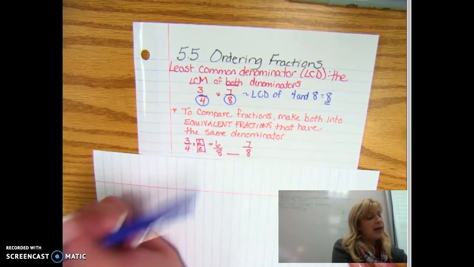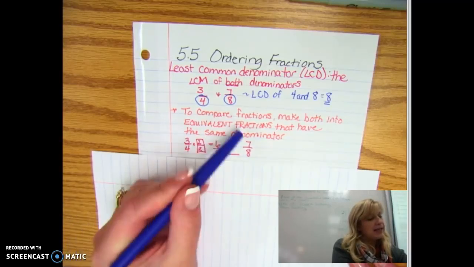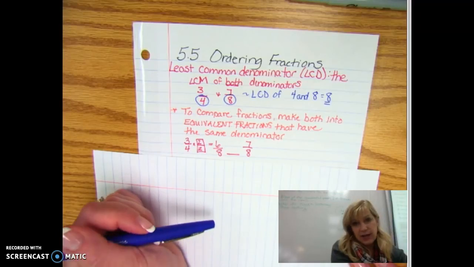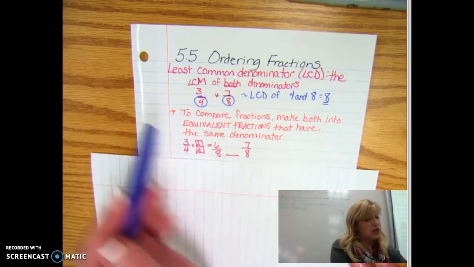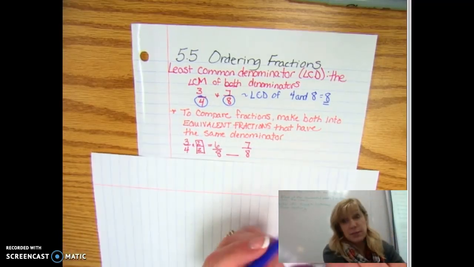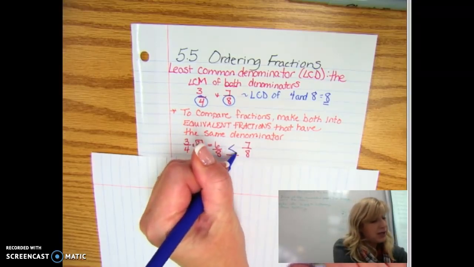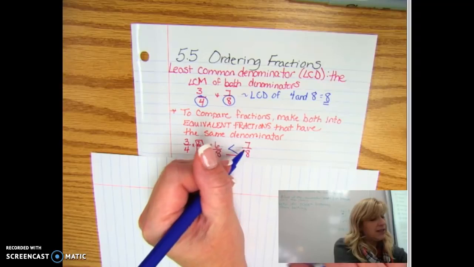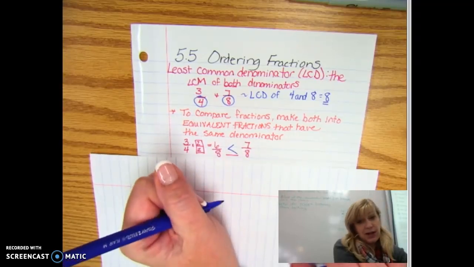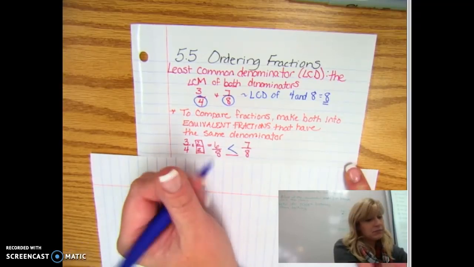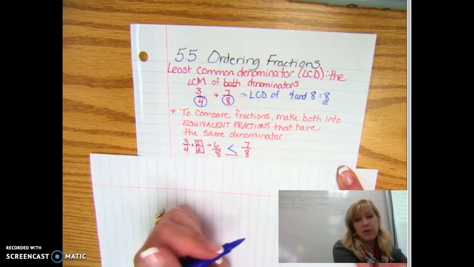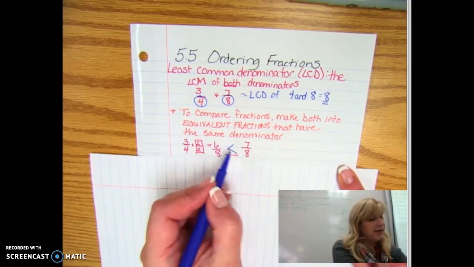Now if you look at 6/8 and 7/8, if these are sour gummy worms, which is bigger and which is smaller? I would want a package that I could have 7 out of 8 instead of a package I could have 6 out of 8. So this is how you compare them. You put the greater than or less than.